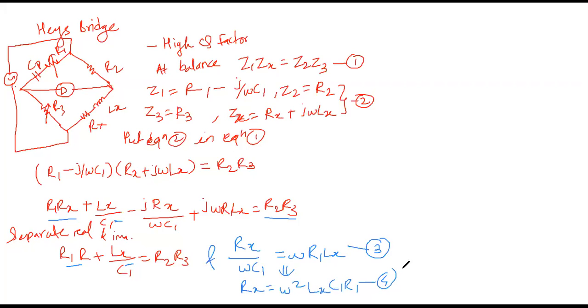Okay. So what we get is the equation for Rx: omega square Lx C1 R1, and here R1 Rx plus Lx divided by C1 is equal to R2 R3, right?